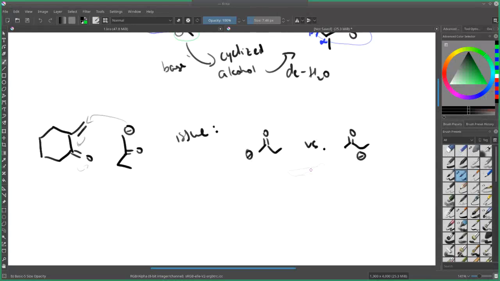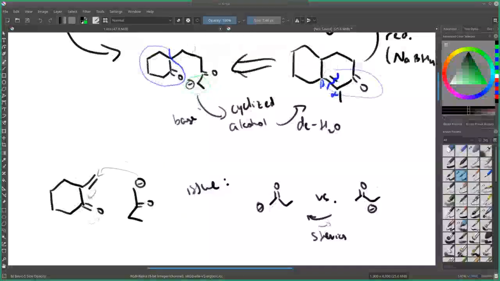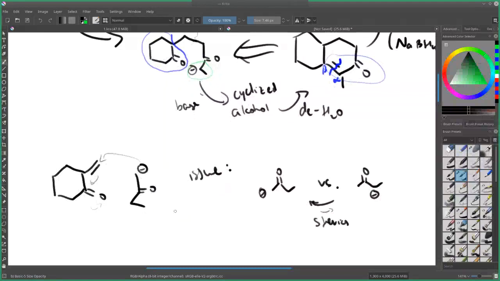There's a slight steric argument for this one, but it's not too much because this methyl group hanging off isn't going to totally make this a worthless nucleophile. So it'll still kind of work. I just think this is the challenge with doing it in this direction. But besides that, I can't see anything that would go wrong there. Unless maybe anyone else could, but I don't think I can.